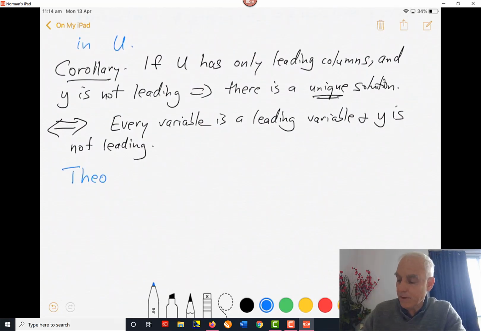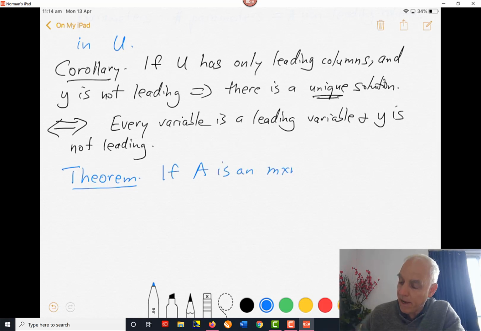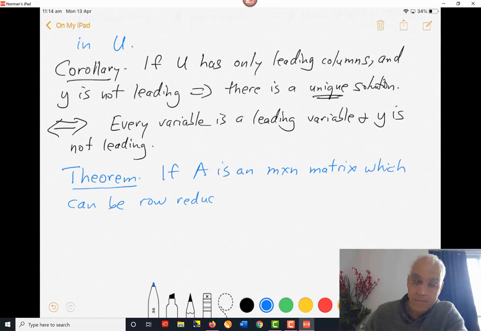So I want to now also give another kind of consequence of this, where we look at the relationship between M and N. Okay, so let's say A is an M by N matrix, which can be row reduced by our elementary row operations to, say, U in row echelon form.